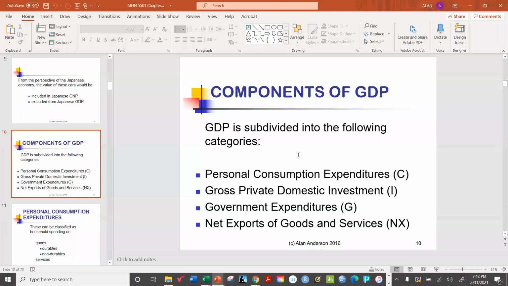Okay, so all right, let's look at these one at a time. And in each case, we want to understand not only what factors or variables are in these categories, but how are they affected by different variables in the economy, like interest rates, inflation rates, exchange rates, and that type of thing.